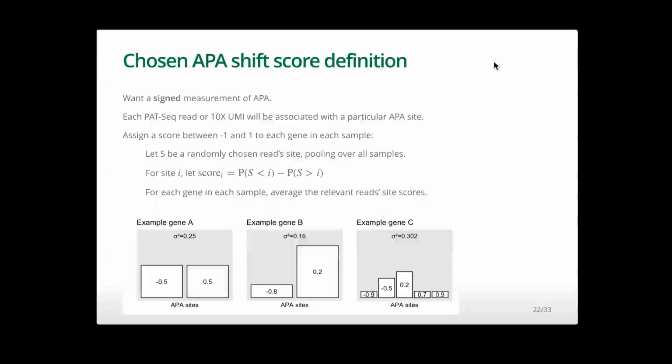Okay, so now I wanted to quantify APA for each gene. And one thing I wanted with this was a signed measurement, because we see, and this is maybe a little bit different from, say, looking for differential isoforms, these general global shortenings or global lengthenings.